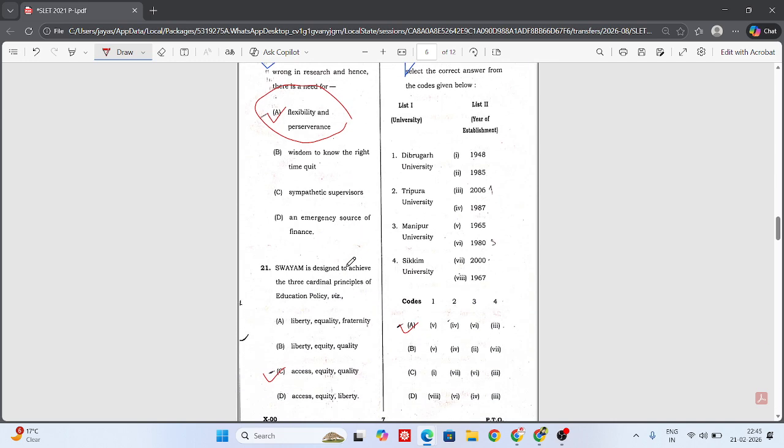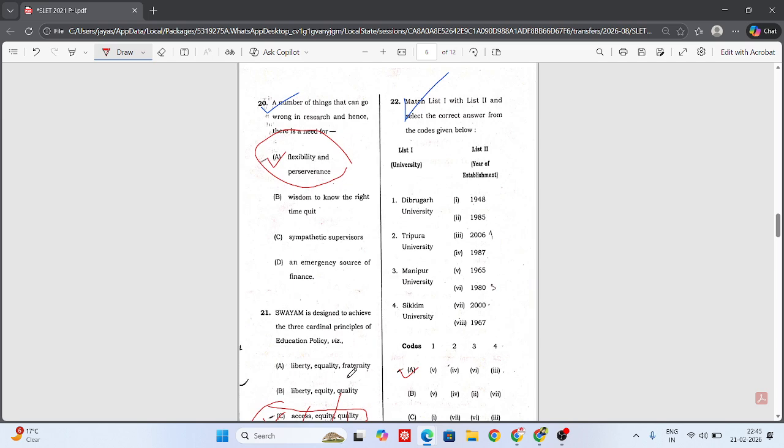Swayam is designed to achieve the three cardinal principles of education policy: access, equity, and quality. This is the main motto behind Swayam, so that it is easily accessible for everyone equally, with quality content. That is what Swayam is doing. It's very helpful for students.